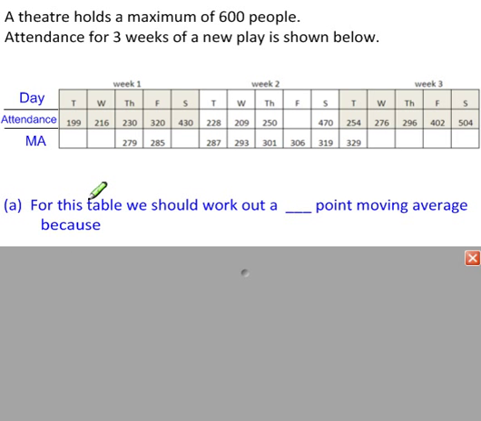For this table, we should work out a something point moving average because, so we need a reason why. Have a look at the repetition in the time scale. So we've got Tuesday, Wednesday, Thursday, Friday, Saturday, and then you find those days repeat again, and they repeat again.